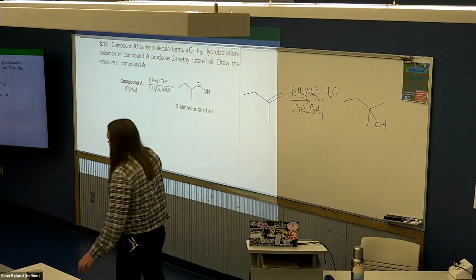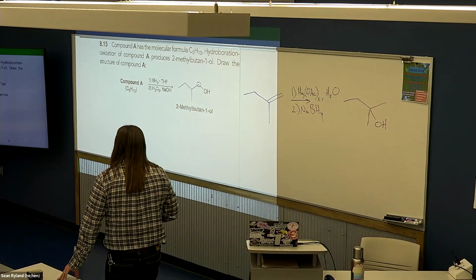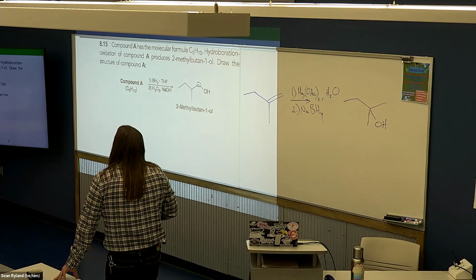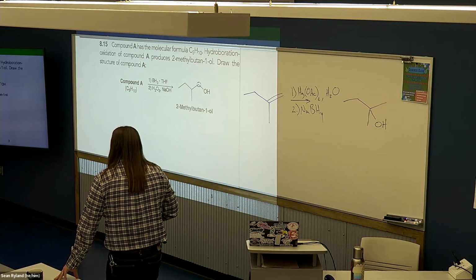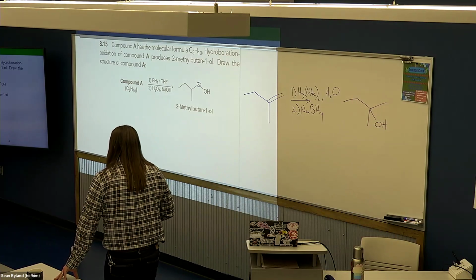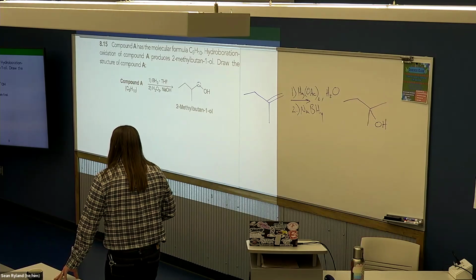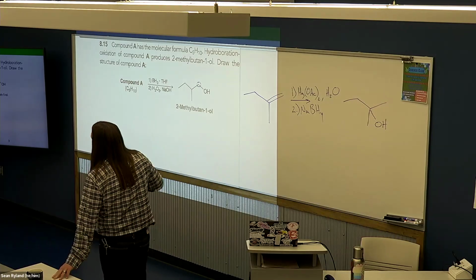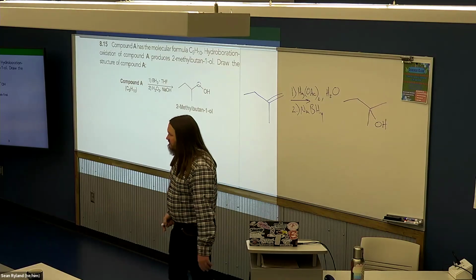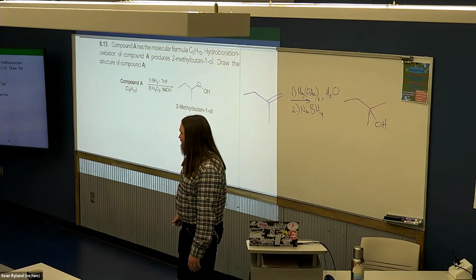Hydrobromination, you put the bromine on the most substituted carbon again. So hydrobromination is also Markovnikov so far.